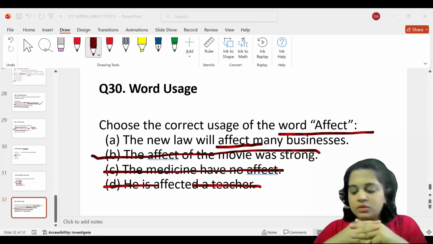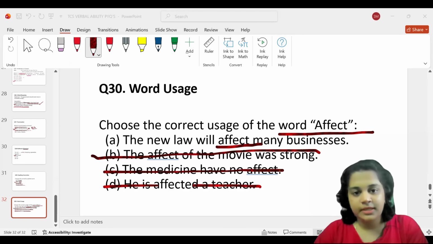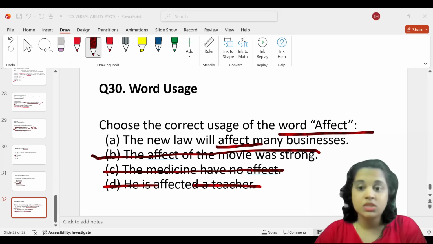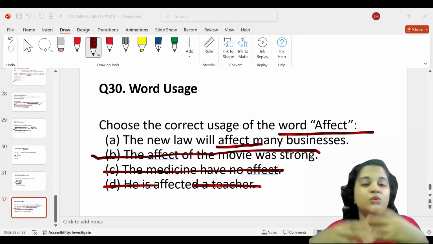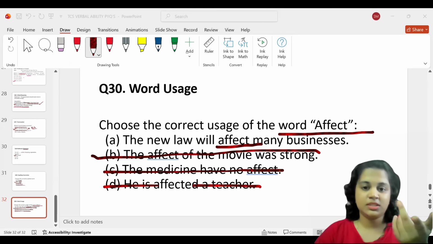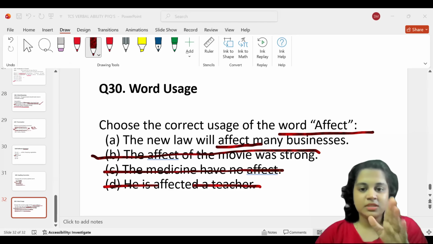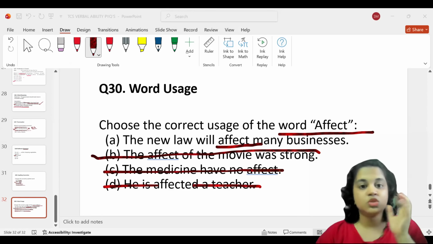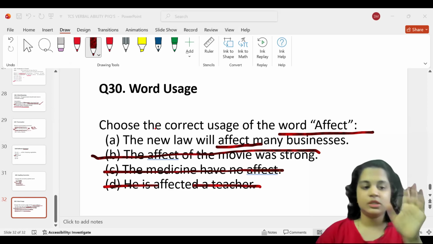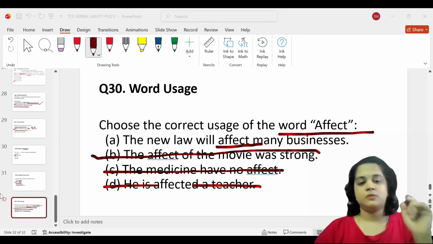So it basically describes how one changes or influences another. That is affect. Affect is a verb, which is like an action, and effect is a noun. Affect usually means to influence or change something, and effect is the result or outcome. So be clear with the differences.